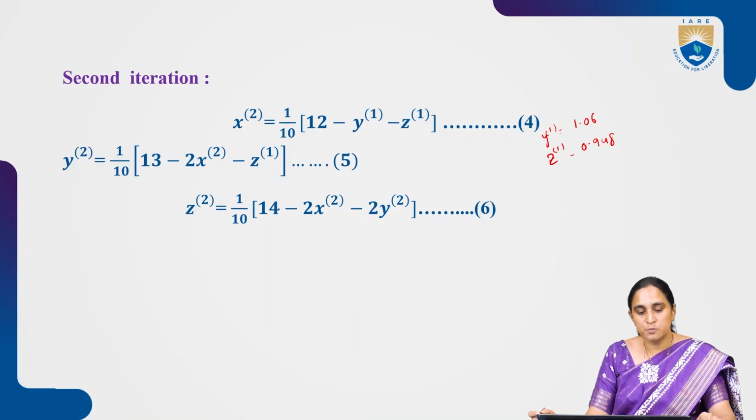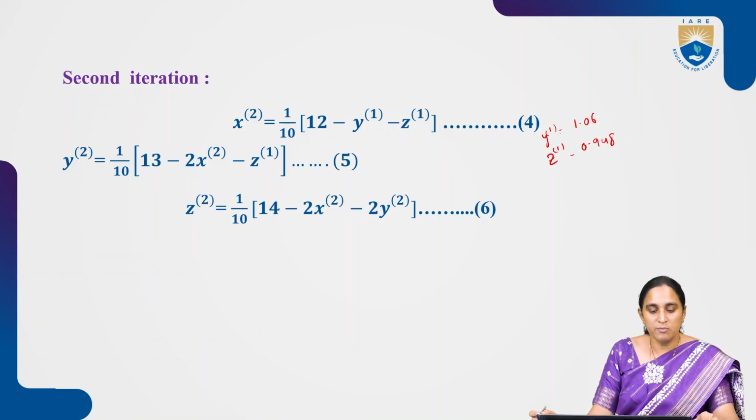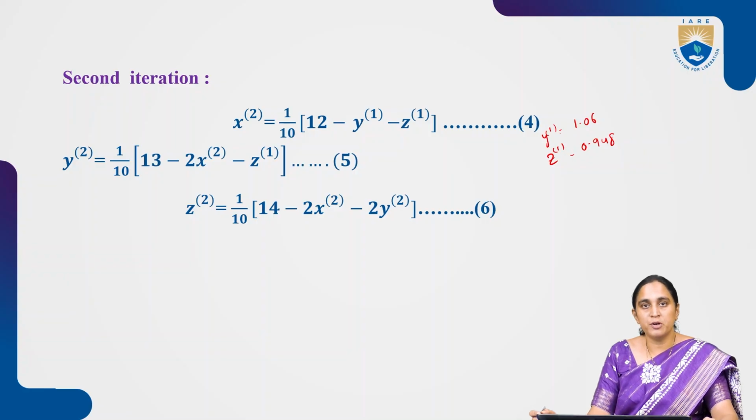By using that x power 2 value, we substitute x power 2 and z power 1 in the fifth equation and get the y power 2 value. Using x power 2 and y power 2, we get z power 2 from the sixth equation.